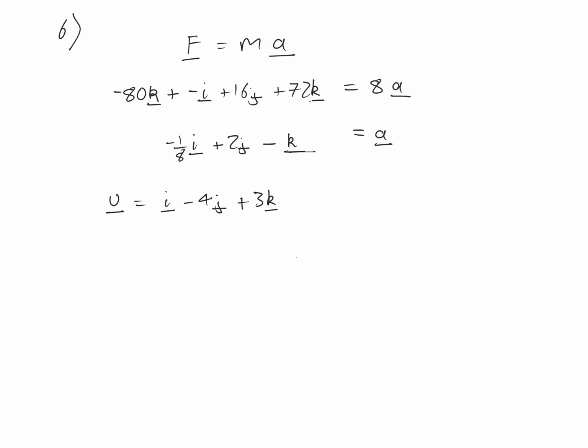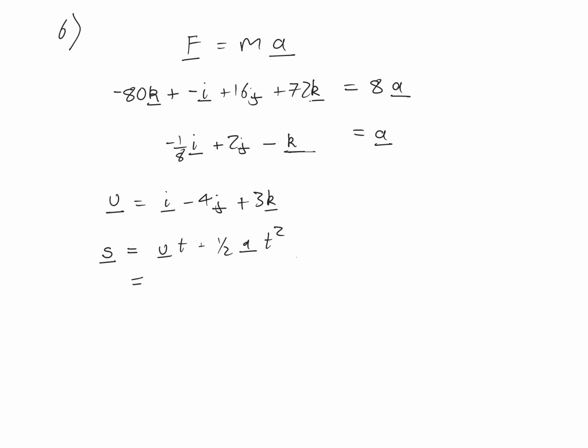Got an acceleration, so s equals ut plus a half at squared, and no s naught because it's originally through the origin.